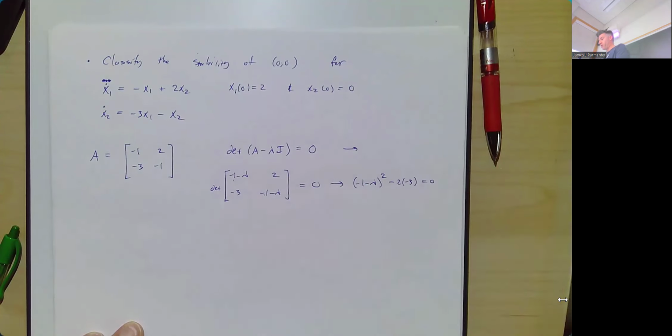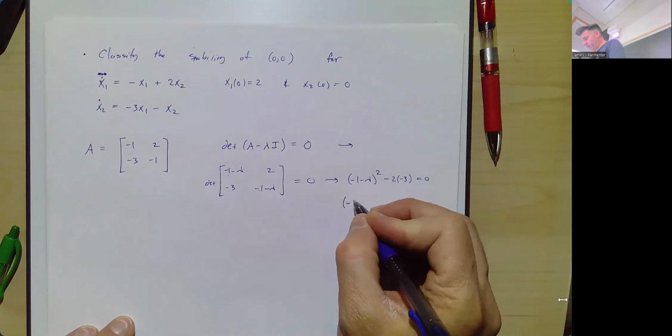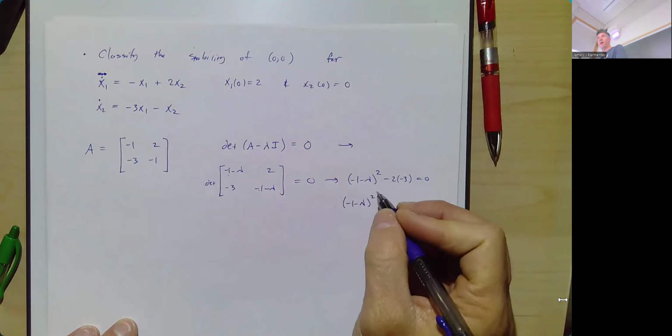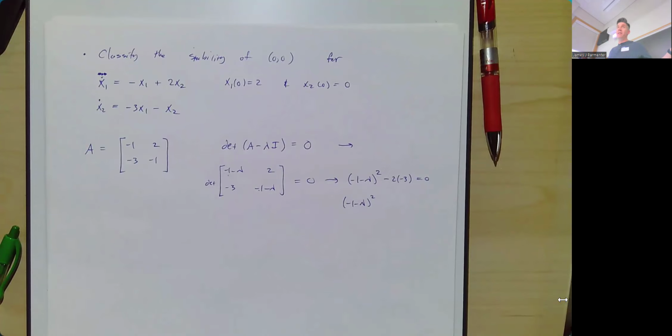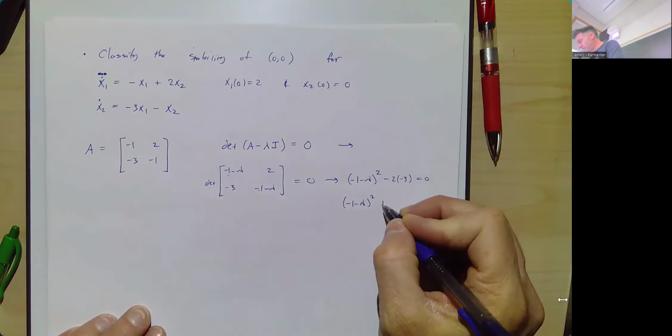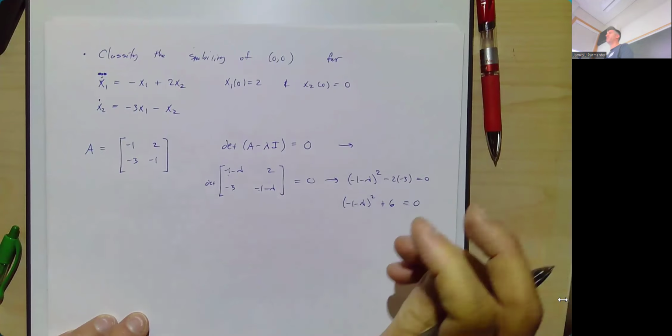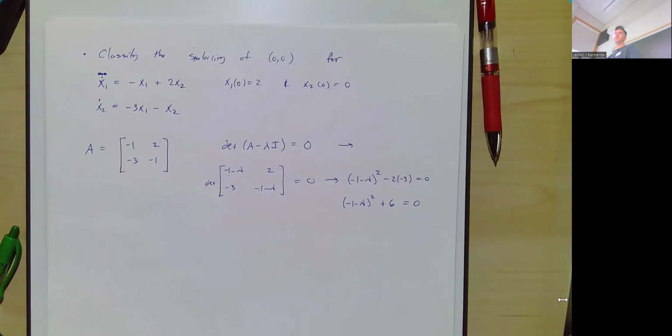Okay, watch this for a second. I have negative 1 minus lambda squared, which, by the way, is always non-negative, right? It's always bigger than or equal to 0, plus 6 equal to 0. That's not going to have any real solutions.